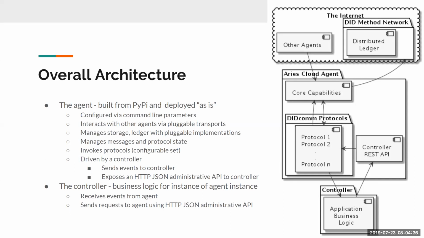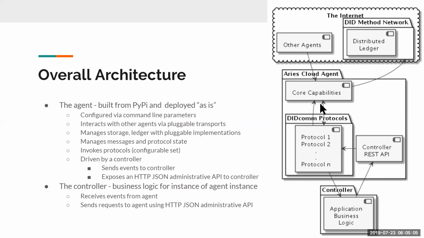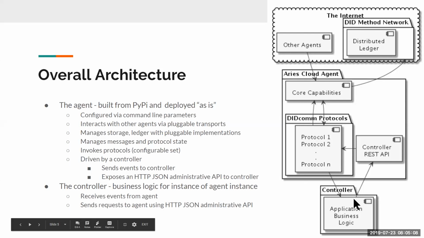So for a controller developer, you would not need to delve into the Aries Cloud Agent itself. The Cloud Agent connects, obviously, to ledgers out in the internet and to other agents out in the world. And then in the back end, there is a second component called the controller. The controller contains the business logic for an instance of the agent. So there's basically two parts of every implementation. There is the agent, and then there is the controller.